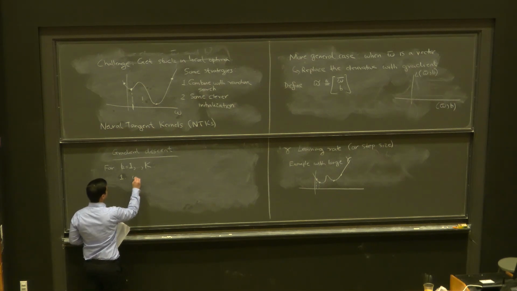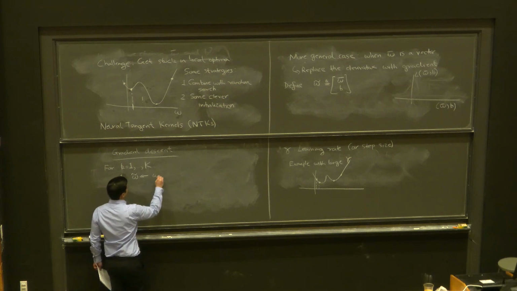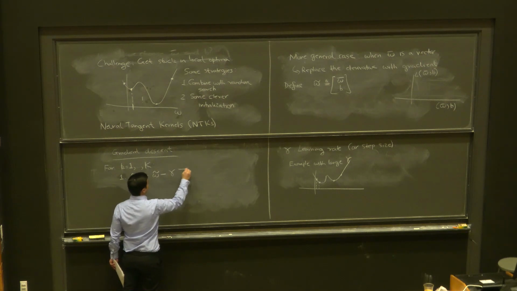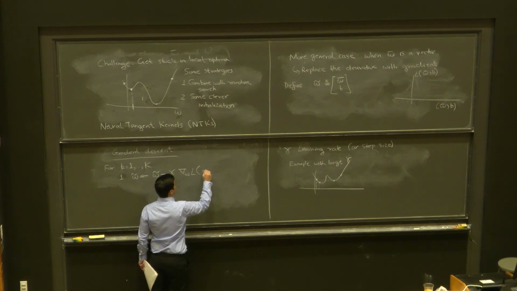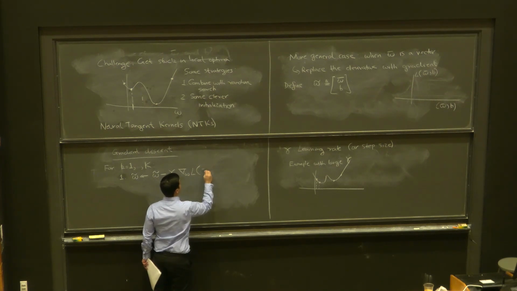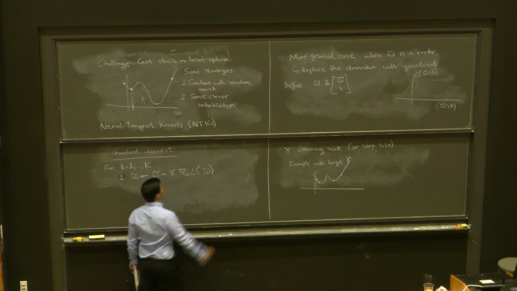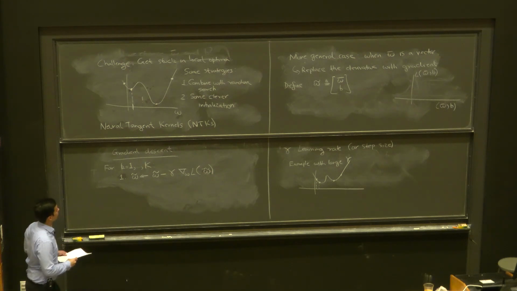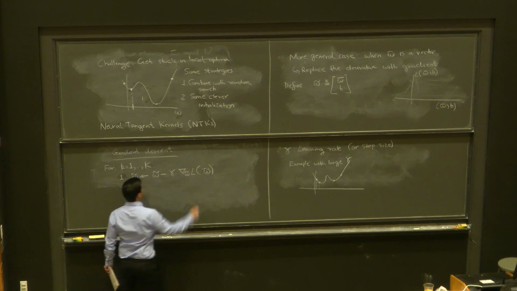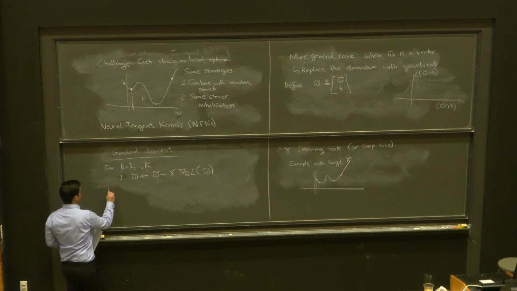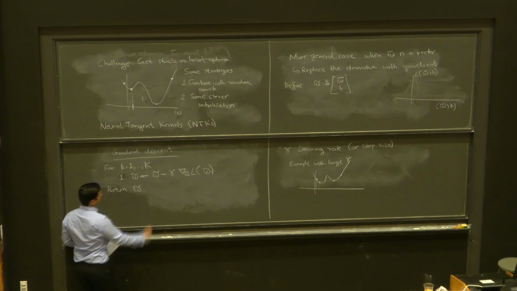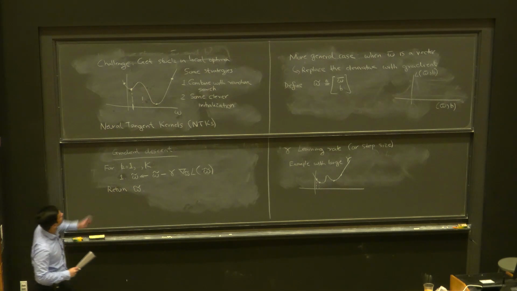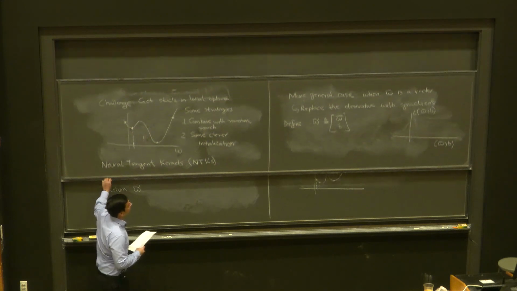And then we update W tilde, and then just return W tilde. I'm abusing notation a little bit.